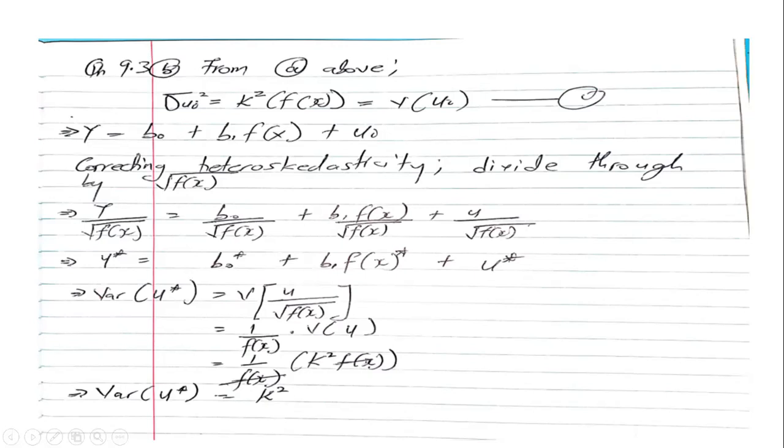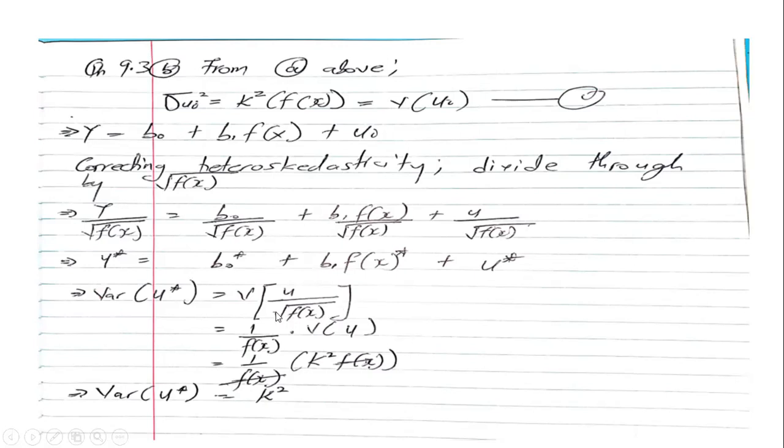So if you want to prove homoscedasticity or heteroscedasticity, we try and find the variance of the error term. And now this is our new error, u star. I'll find the variance of u star. When I find it, I'll end up getting V, denoting the variance, of u on root of fx. So V of u star will be equal to V of u on root of fx.